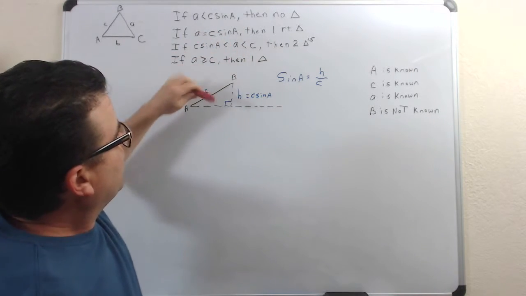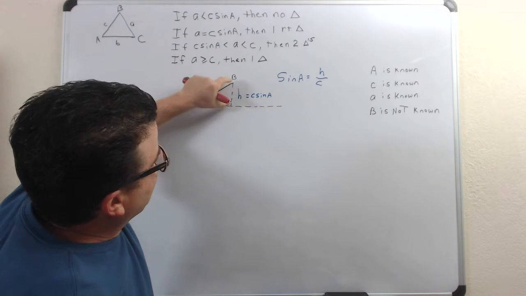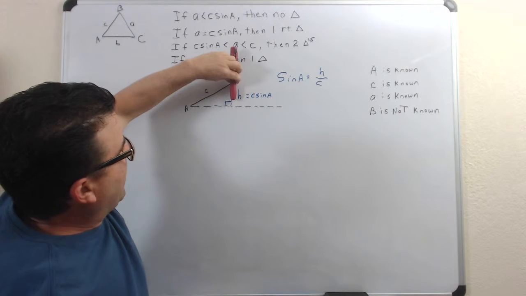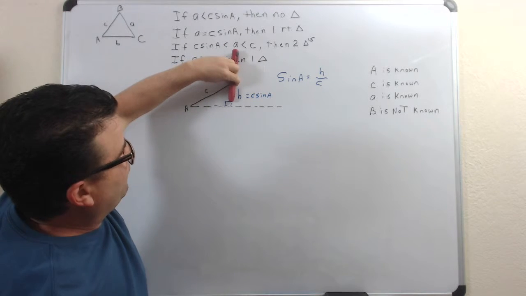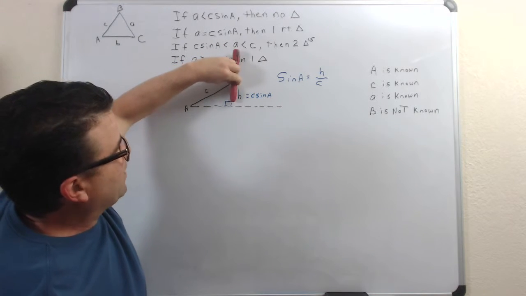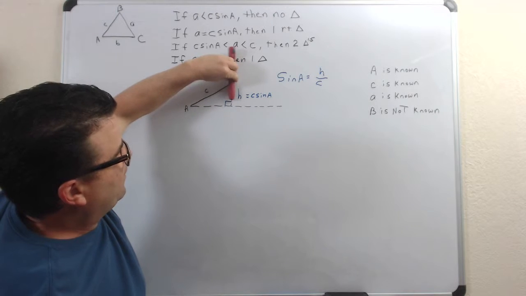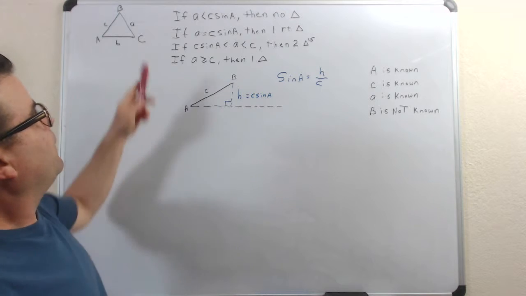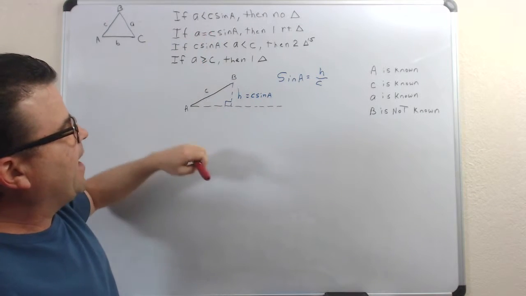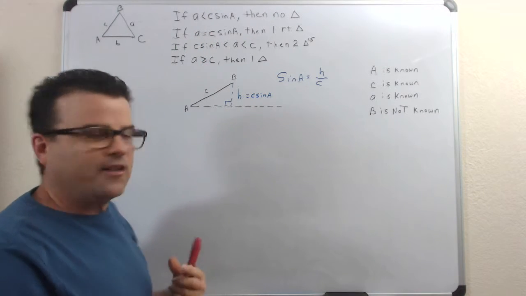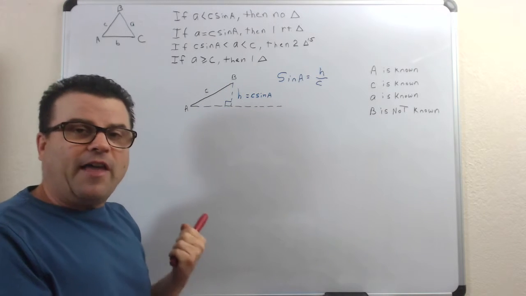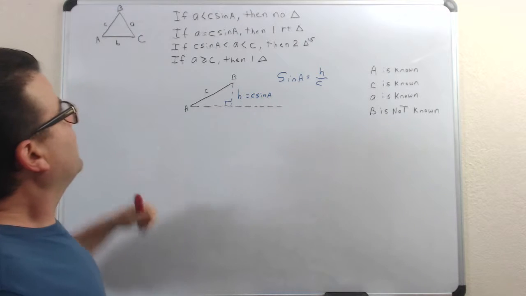If this is this length, the height is c sine A. So if a was shorter than that, it wouldn't be long enough to make a triangle. So that's the case where no triangle is possible. Then if a is equal to c sine A, that means that a is exactly that length, and there's one triangle possible. That triangle is a right triangle.